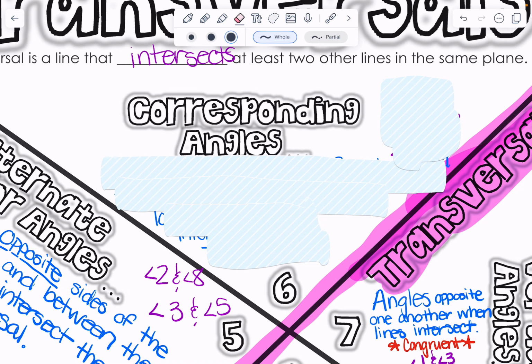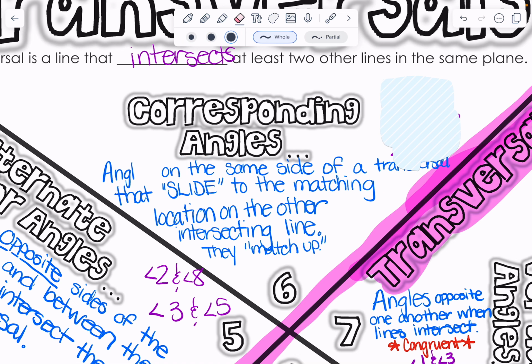So corresponding angles are angles on the same side of a transversal that slide to the matching location on the other intersecting line. So they kind of match up.